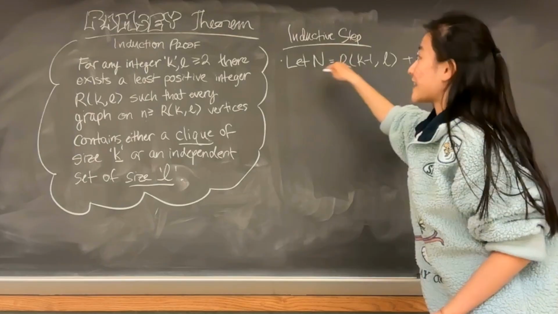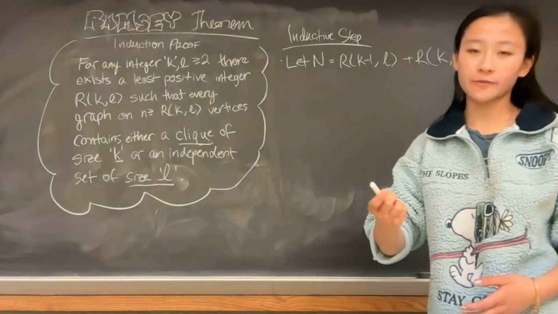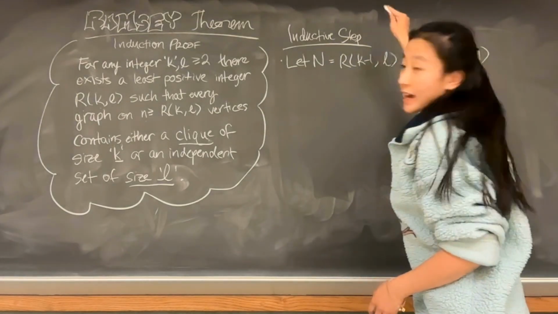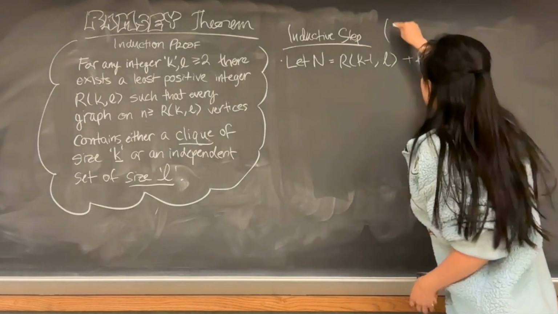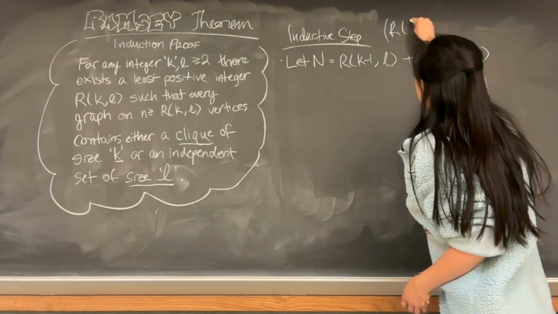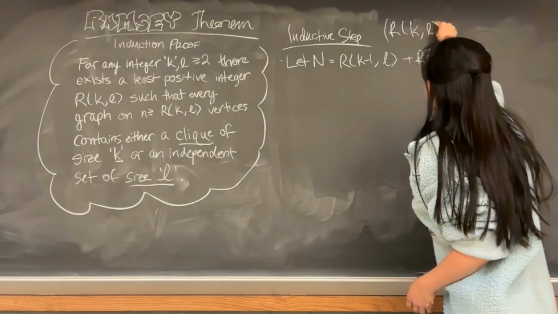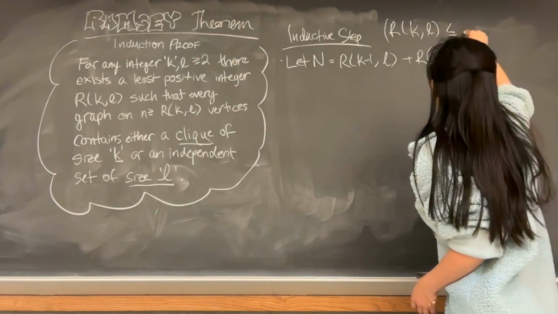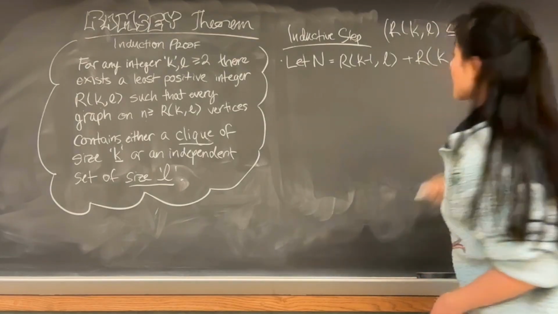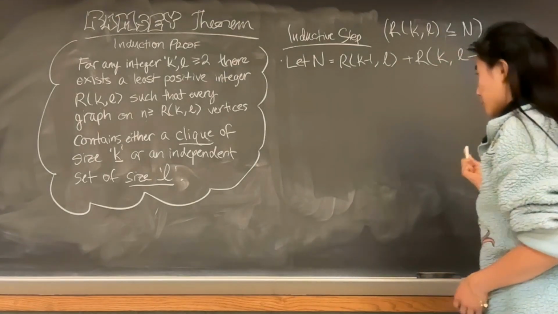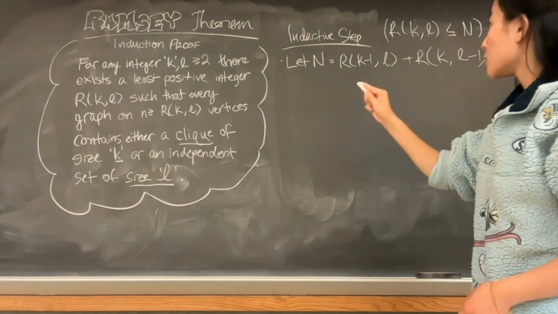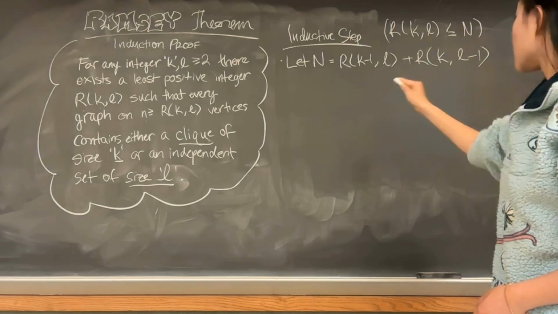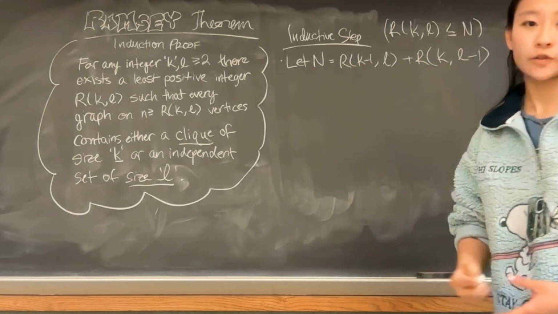So now we're setting n equal to this. By the end of our proof, R(k,l) should be less than or equal to n. If it's not that, we have done something wrong. So we let n be equal to this expression over here.